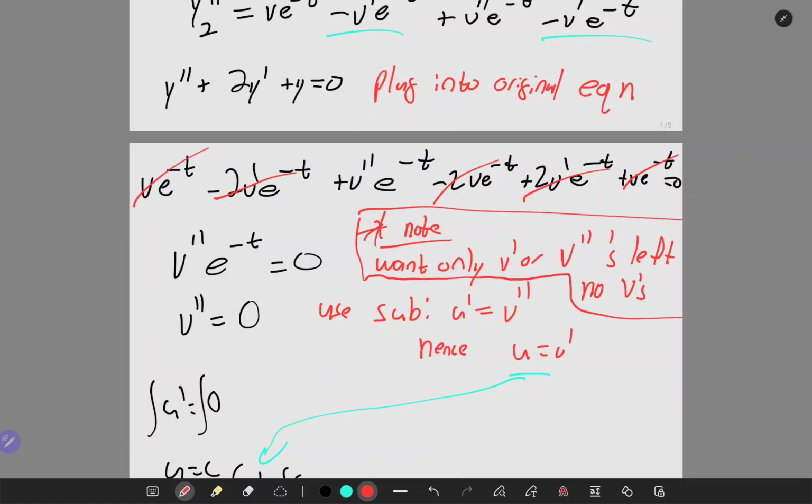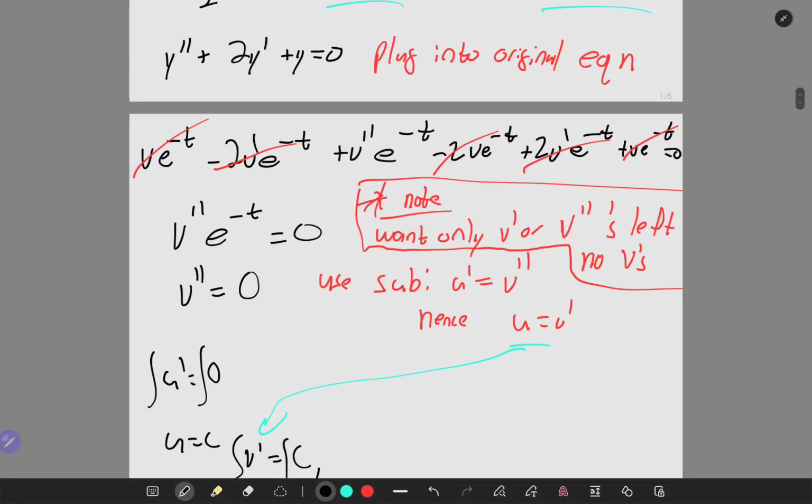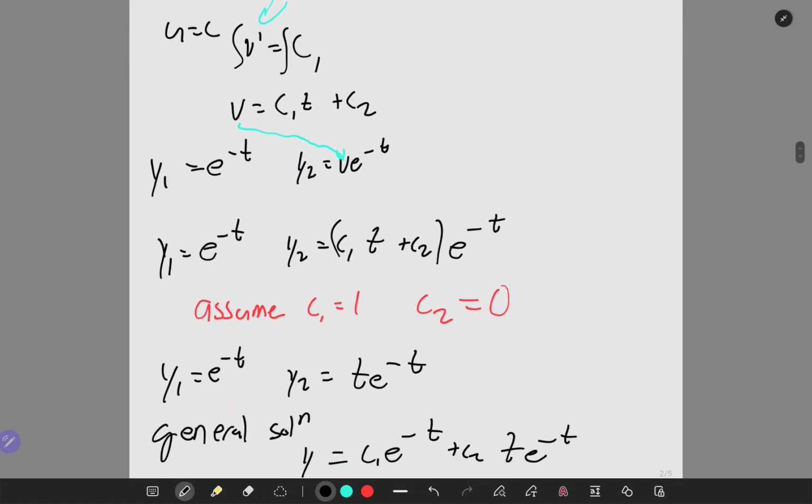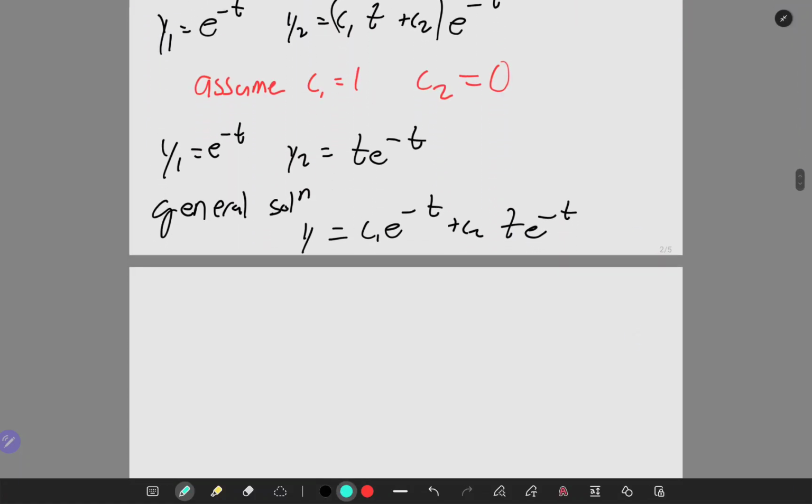So you see here we were left with just this v double prime. The v's themselves cancel out. So that should always be the case for reduction of order. The v should always cancel. And you can be left with a v double prime, a v prime, or both. Doesn't matter, but any v's, it's no good. Go back and try and fix it. But anyways, this is our general solution.